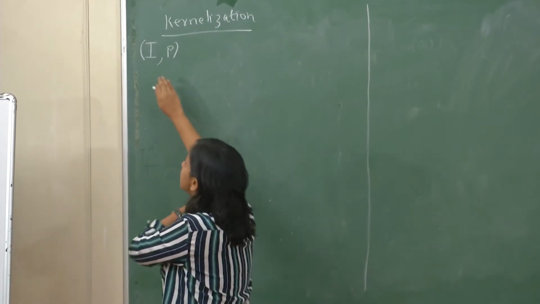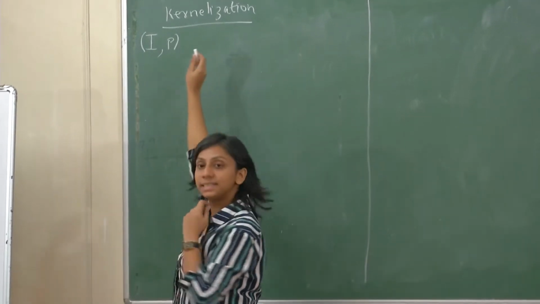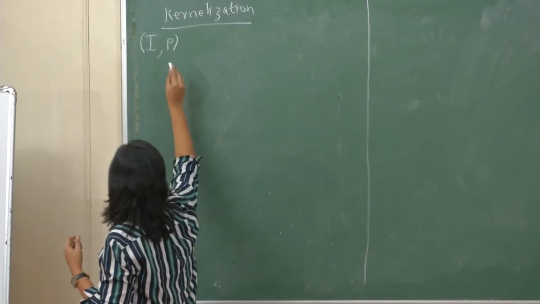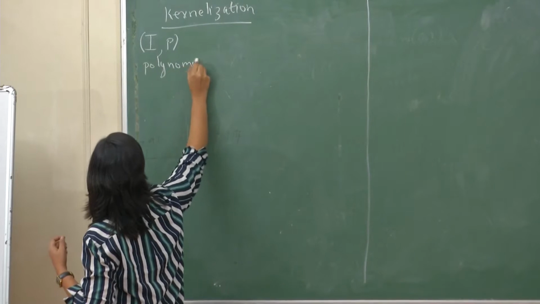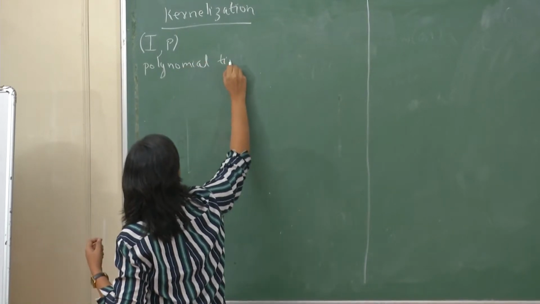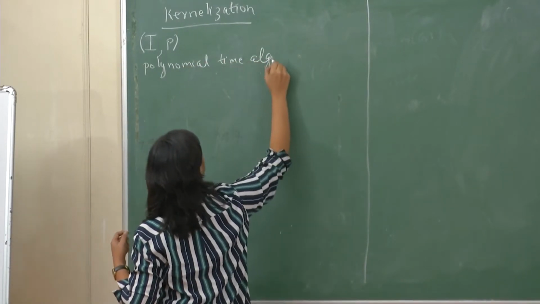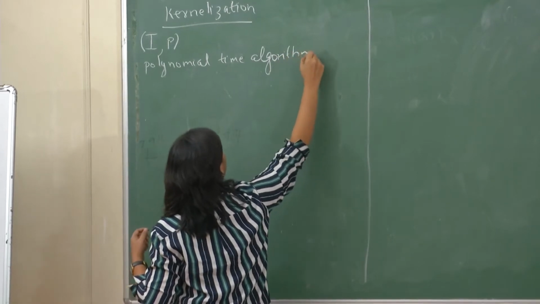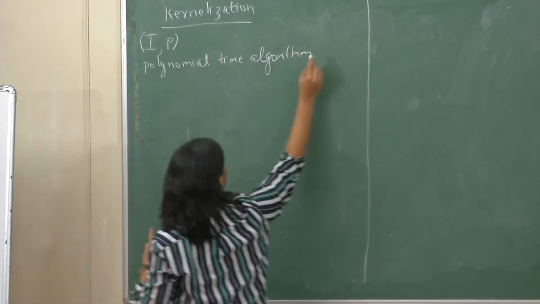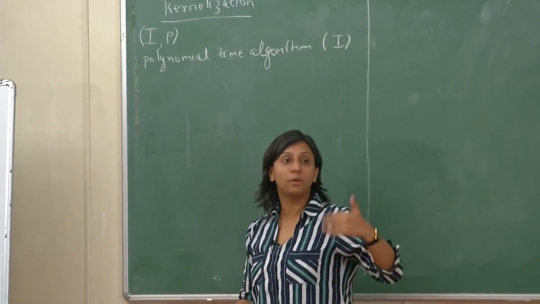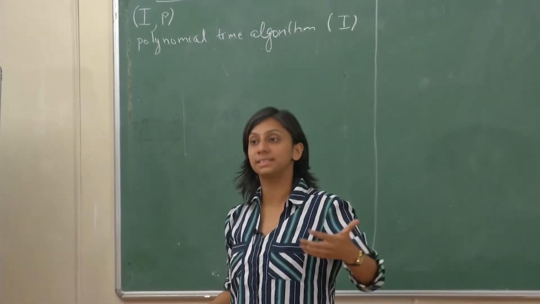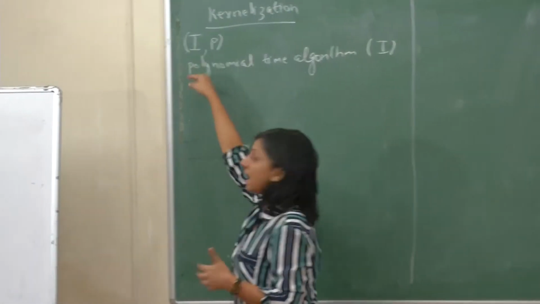So given an instance I comma p, a kernelization algorithm is a polynomial time algorithm. So when I say polynomial time algorithm, meaning the running time is a polynomial function of I. I is the instance. So for example, for vertex cover, it will be a polynomial function of the graph, the number of vertices and the number of edges in the graph, and k.